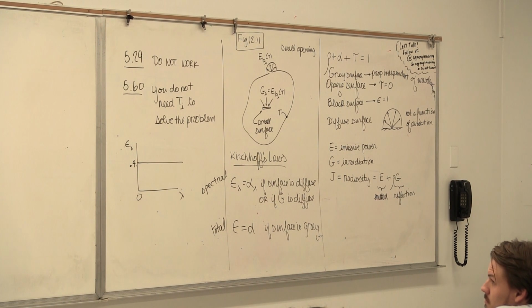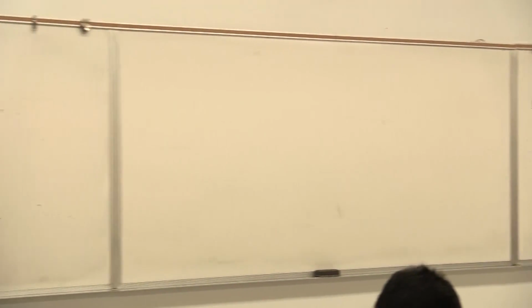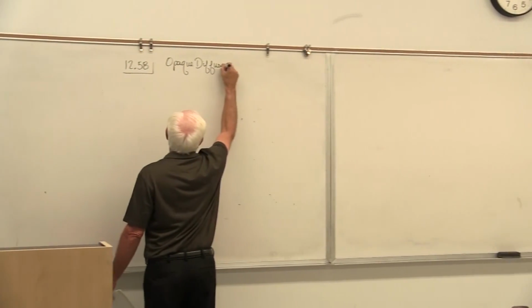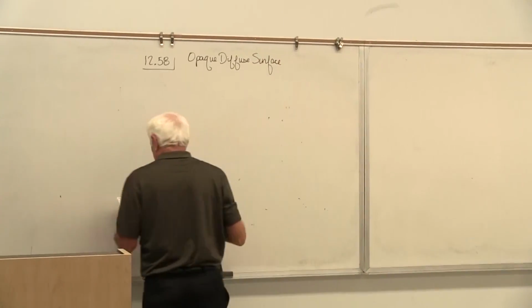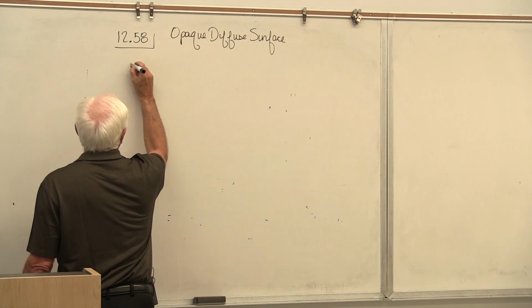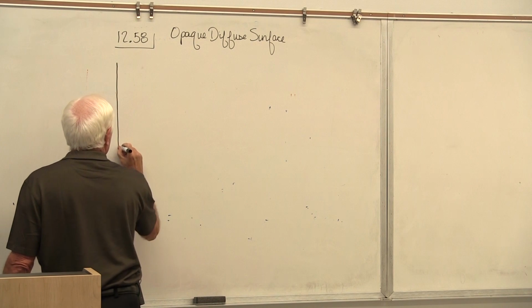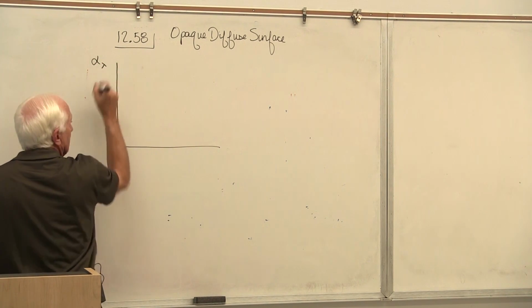It says that we have an opaque diffuse surface. We're given spectral absorptivity as a function of wavelength. Spectral absorptivity means alpha sub lambda.